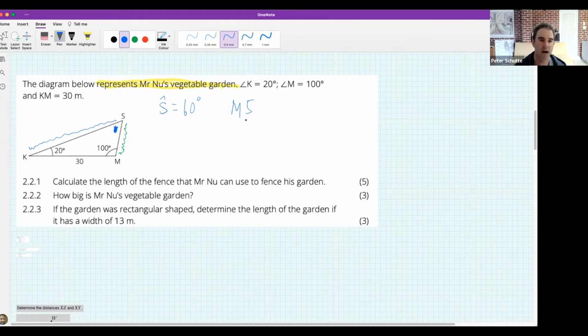Okay, so now we've said S is 60 already, and that's because of sum of angles in a triangle. I want everyone to try and find me MS, and after we find MS, I want us to talk about how we could find something else. But let's try and do that first. So over to you guys. Find me MS.